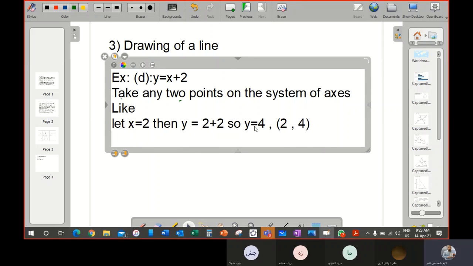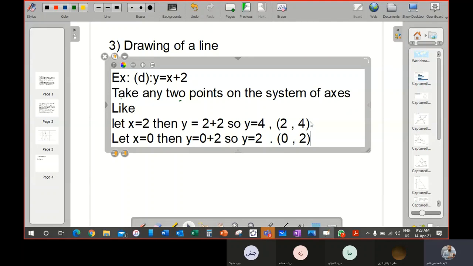Also let x equal 0, then y equals 0 plus 2, so y equals 2. The second point is 0, 2.